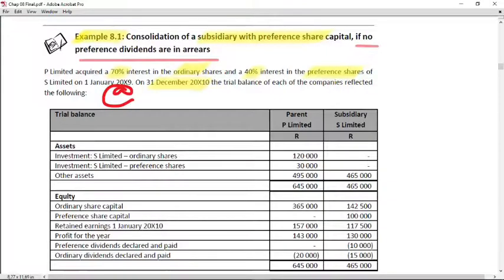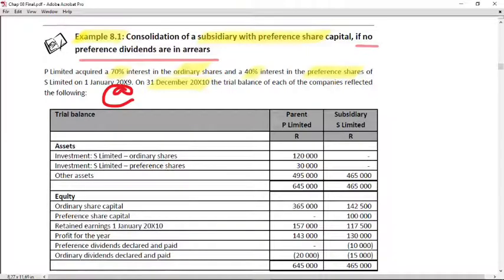Remember, you need to orientate yourself in terms of how many years have passed since acquisition date. So since 1 January 20X9, 1 year has passed up until opening balances date, and then you have your 2010 reporting period. So 2 years have passed since acquisition date.